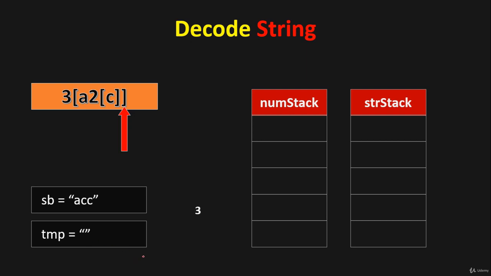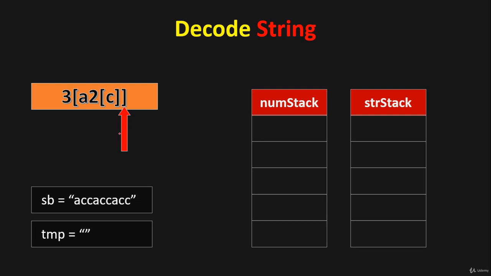And let's repeat whatever we have at SB variable 3 times. If we repeat ACC 3 times, we get ACC, ACC, ACC. Let's add that repetition to this temp variable, and now set this temp variable to this string builder variable. So string builder equals ACC, ACC, ACC. Since temp is a temporary variable, we'll lose the value of temp variable in the next iteration.